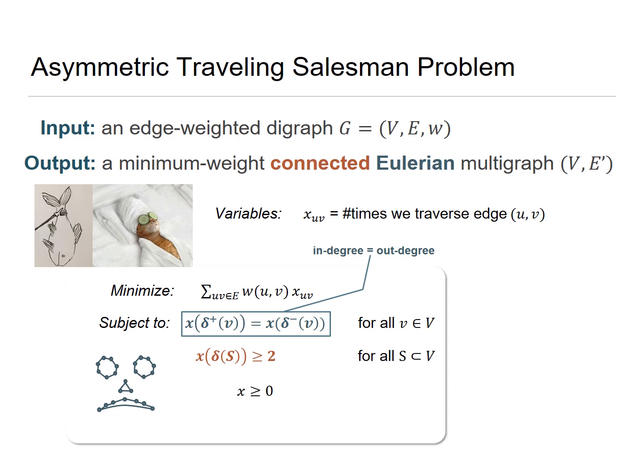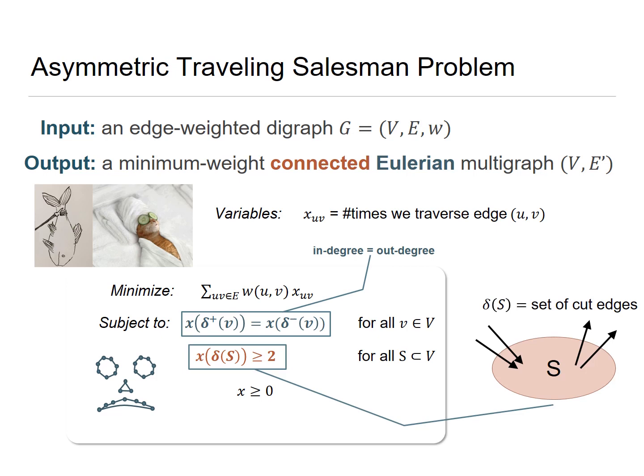Second, if you just have that, then you might find that your solution contains subtours, which look like this in the picture. We don't want that, so we have this other family of constraints, called the subtour elimination constraints. Here it says that for every set of vertices, at least 2 units of flow should be entering and leaving this set.